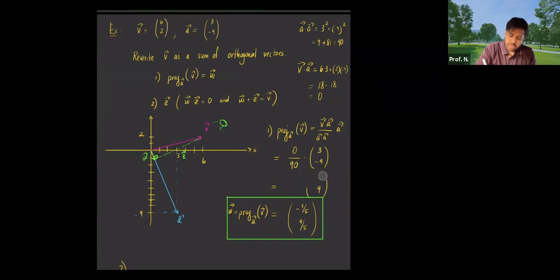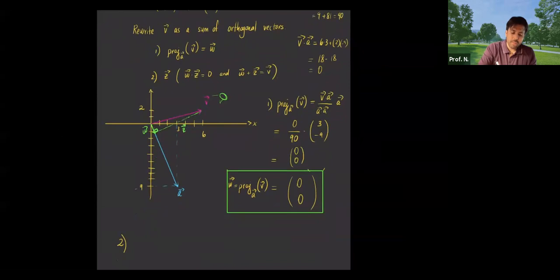The projection is 0 because anything divided by 0 is the vector 0, 0. So what happens if my projection is 0, 0? So the projection is actually 0. So what does this mean?